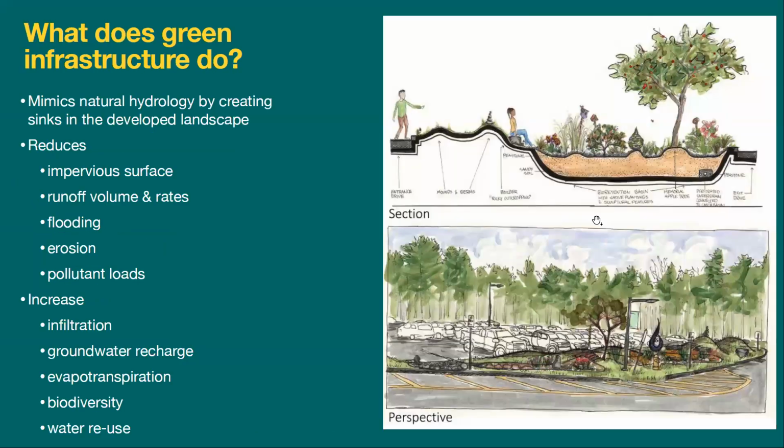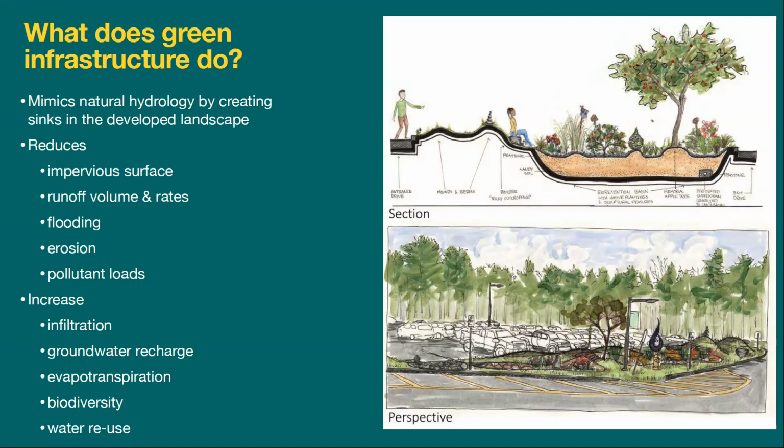So what does green infrastructure do? As I said, it attempts to mimic the natural hydrology of pre-development landscapes, and it creates sinks in the landscape. So you can think about the watershed that starts from headwaters down to the lake at the bottom. And right now, a lot of phosphorus and other nutrients.